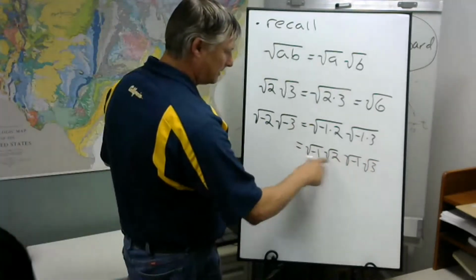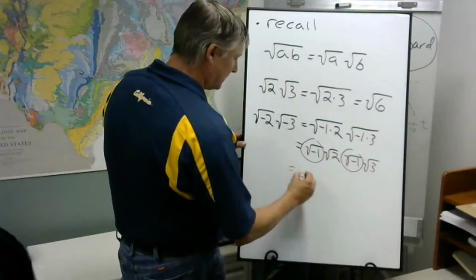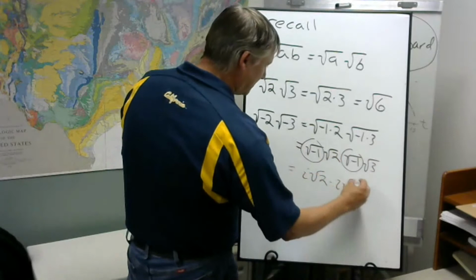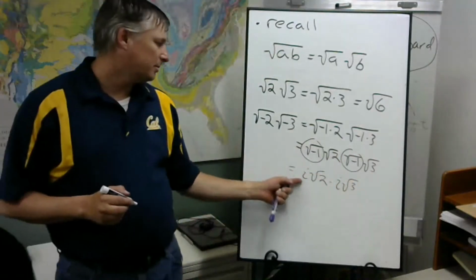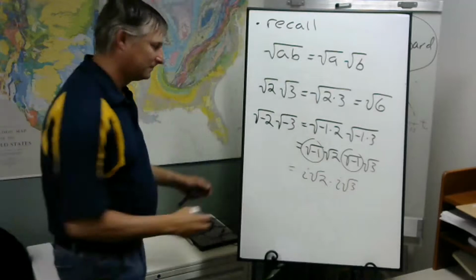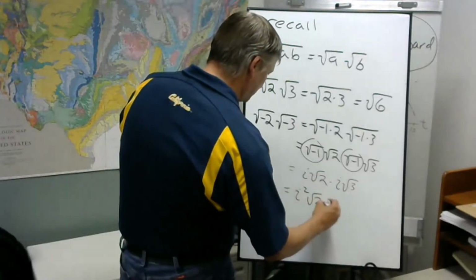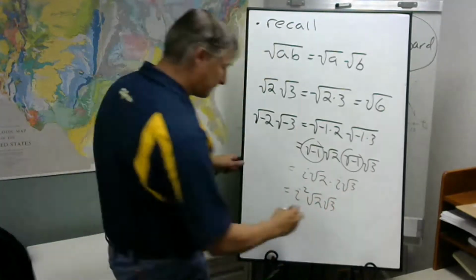Again, these are just i. So we get i square root 2 times i square root 3. We multiply the i's together. We get i squared square root 2 square root 3. i squared is negative 1.